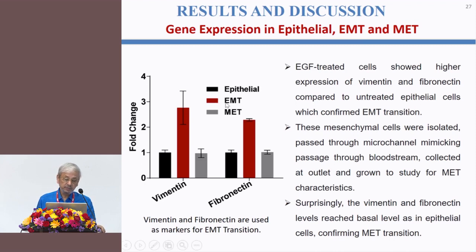So these are EMT cells, these are MET cells, and these are epithelial cells. We can see that in the expression of vimentin and fibronectin protein, these EMT cells and MET cells are almost the same, whereas the epithelial cells, the black ones, and MET cells are almost the same, where we can see the expression for EMT cells.